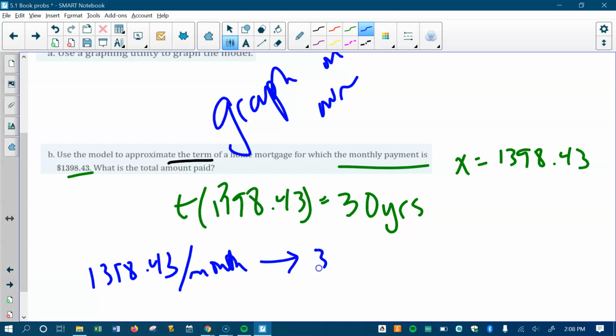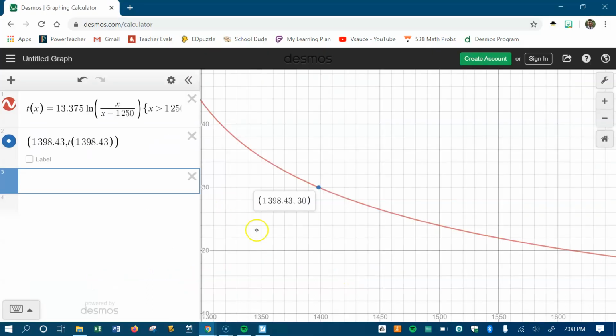So let's see what that is. Now we have 1398.43 times 360. I'm actually going to do a little trick here to make this easier.